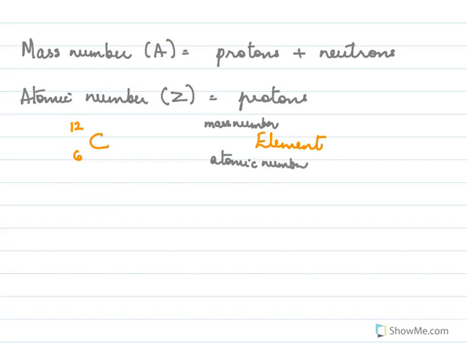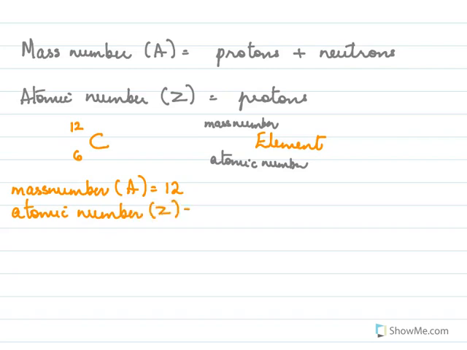So when I have carbon 12, 6, its mass number, which is denoted as A, equals 12, and atomic number, which is Z, equals 6.